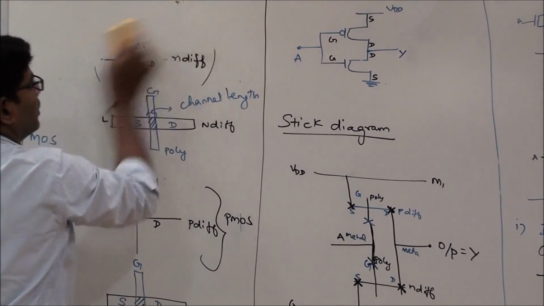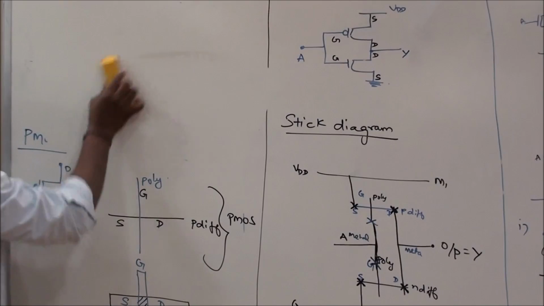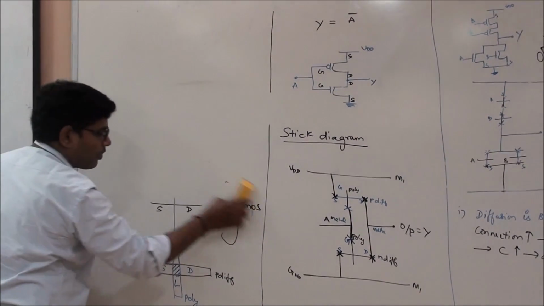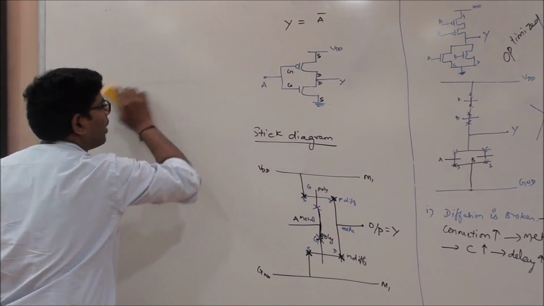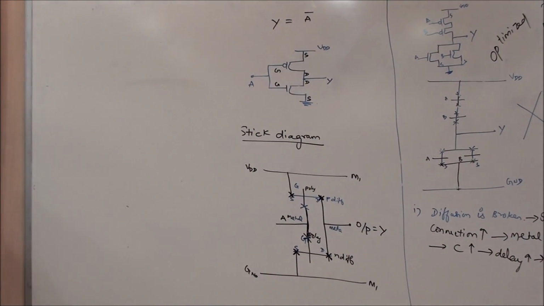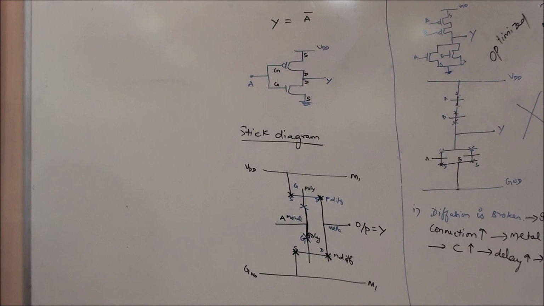Now let's see which stick diagram I call an optimized one in terms of area, power and speed.